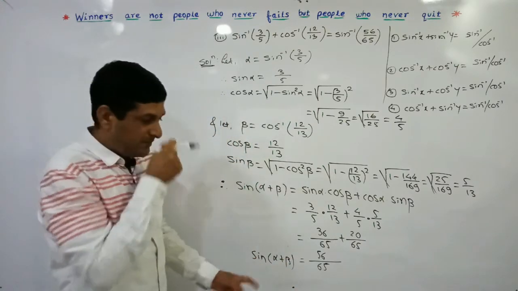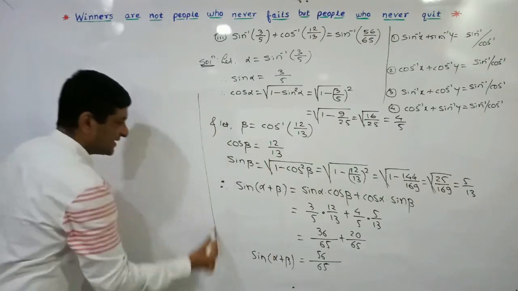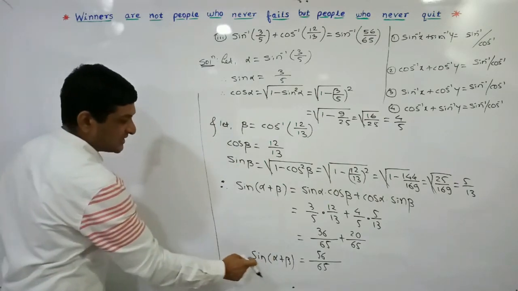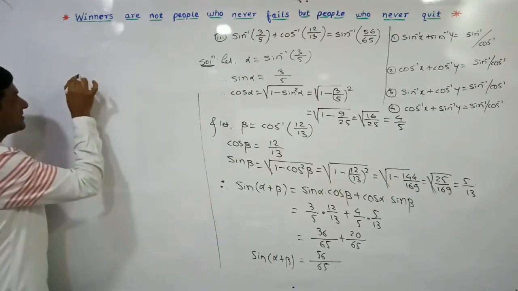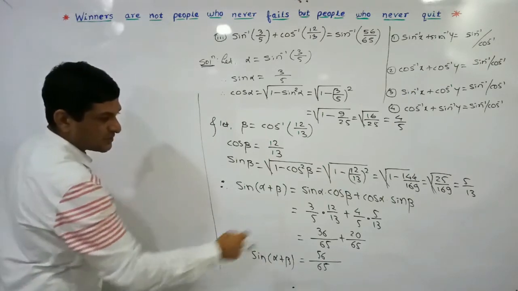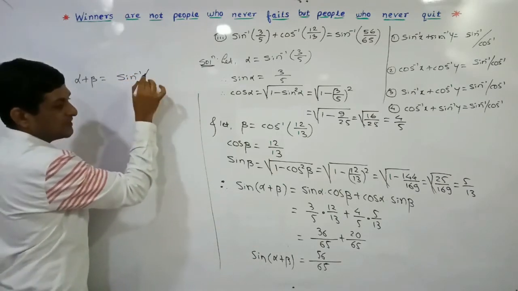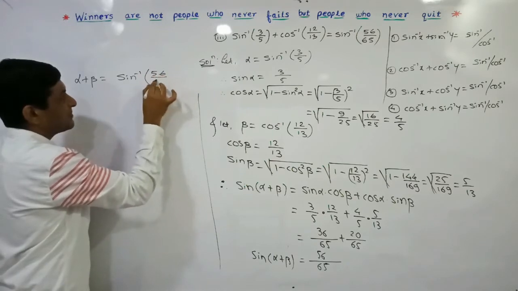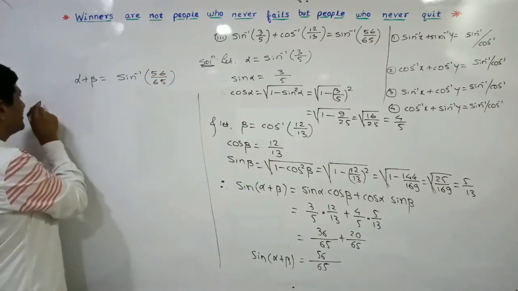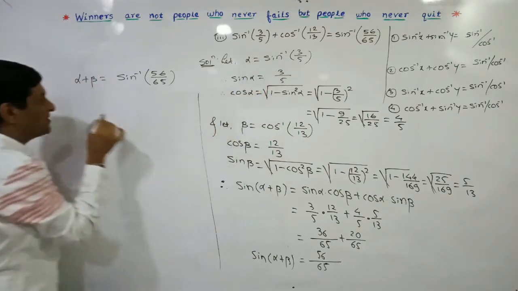Now to eliminate this sin, we are taking sin inverse on both sides. See what we'll get if we take sin inverse on this side. Sin and sin inverse will get cancelled. The remaining term is alpha plus beta. And if we take sin inverse on the right hand side, we will get sin inverse of 56 divided by 65. So this implies that now alpha can be replaced by its value. What is the value of alpha?